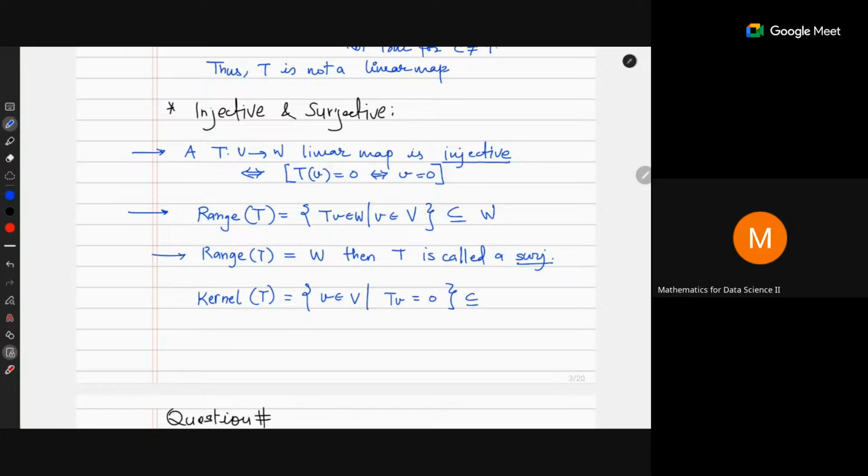Now can anyone guess? It is a subspace of which vector space? Is it a subspace of the domain or is it a subspace of the codomain? Domain. Correct.